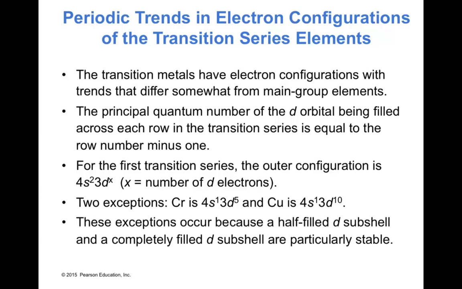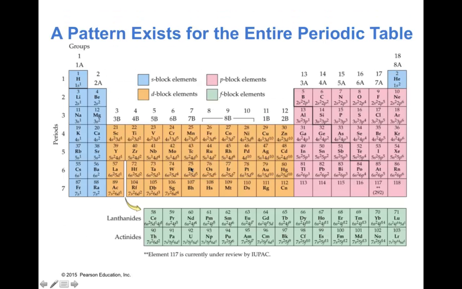These exceptions occur because a half-filled d subshell and a completely filled d subshell are particularly stable. So here we have chromium. You expect that vanadium is 4s2 3d3, and the next element would be 4s2 3d4.